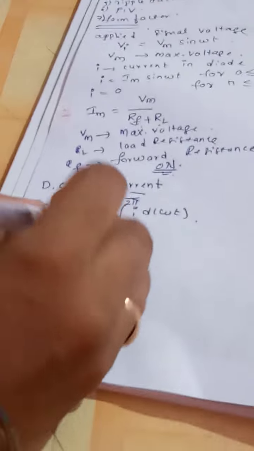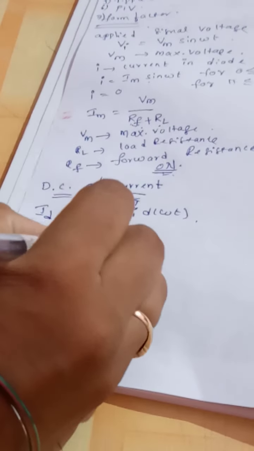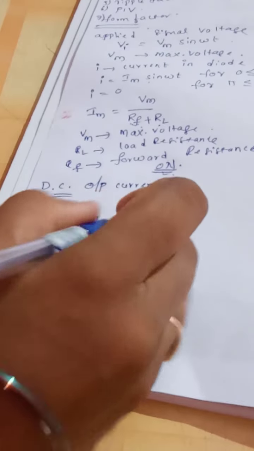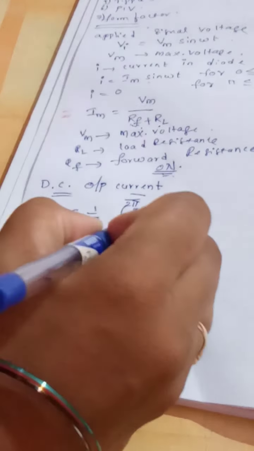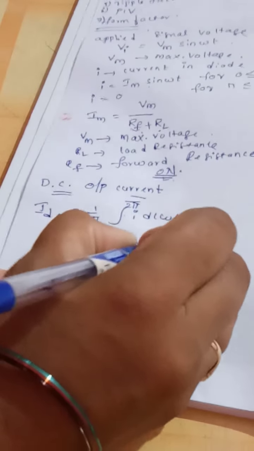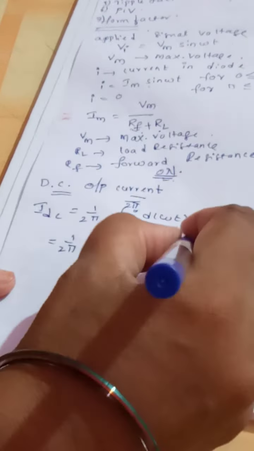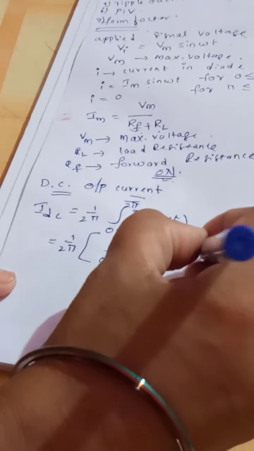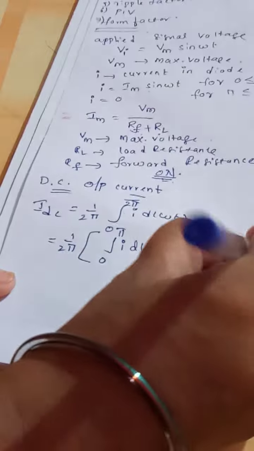Now this is equal to 1 by 2 pi times: for the positive cycle, the limits are 0 to pi, integral of i d(omega t), plus for the negative cycle the limits are pi to 2 pi, integral of i d(omega t).